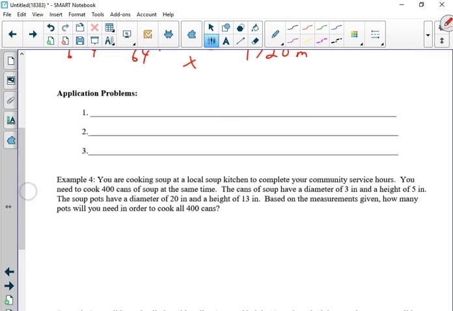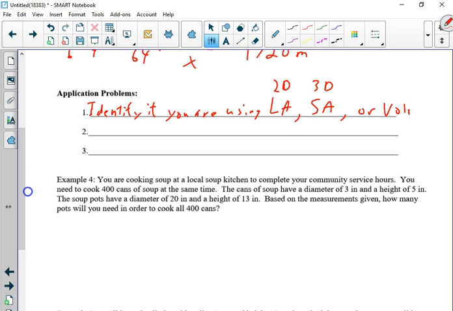Okay, so these are the steps to solve an application problem. First off, identify if you are using lateral area, so 2-dimensional, surface area, 3-dimensional, or volume, which is also 3D.